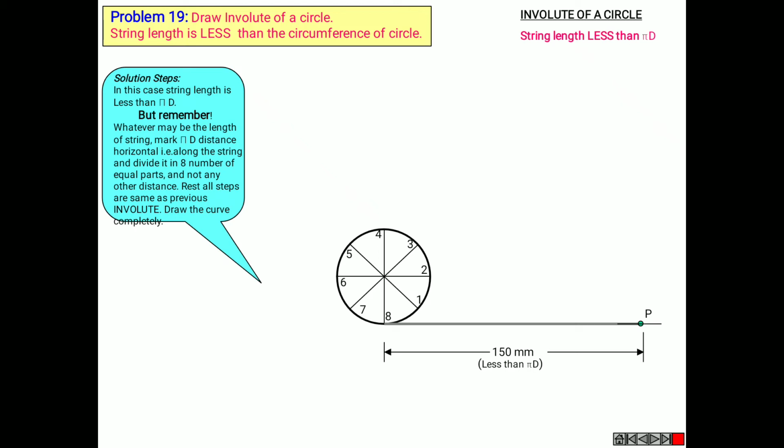So this is your 150 mm, which is less than pi d, and this is your actual pi d.